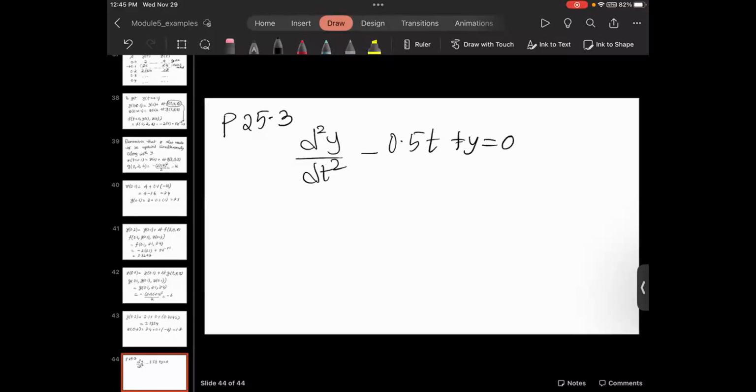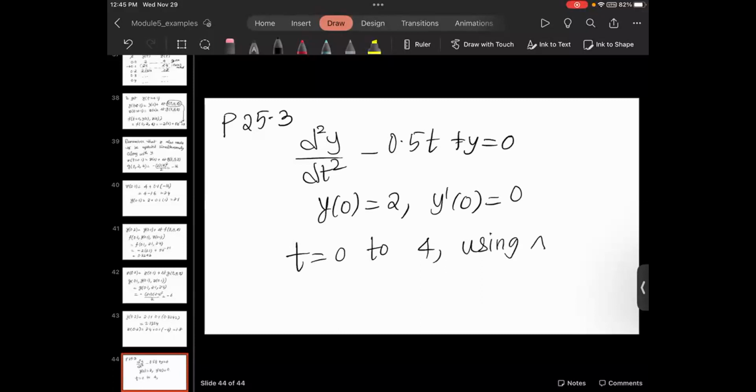So this is a second order ODE with y of 0 equal to 2 and y dash of 0 equal to 0. Okay, and the book has a typo there. I think they want us to solve from t equal to 0 to 4 using a step length of 0.1.